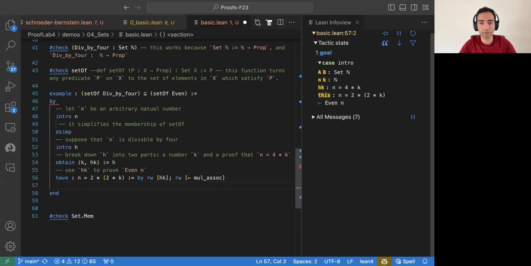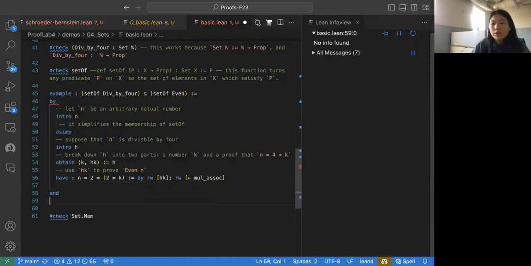Okay, how do I prove now n is even? There's still a goal left. I don't know if we have to, maybe we don't have to group the 2 times k.